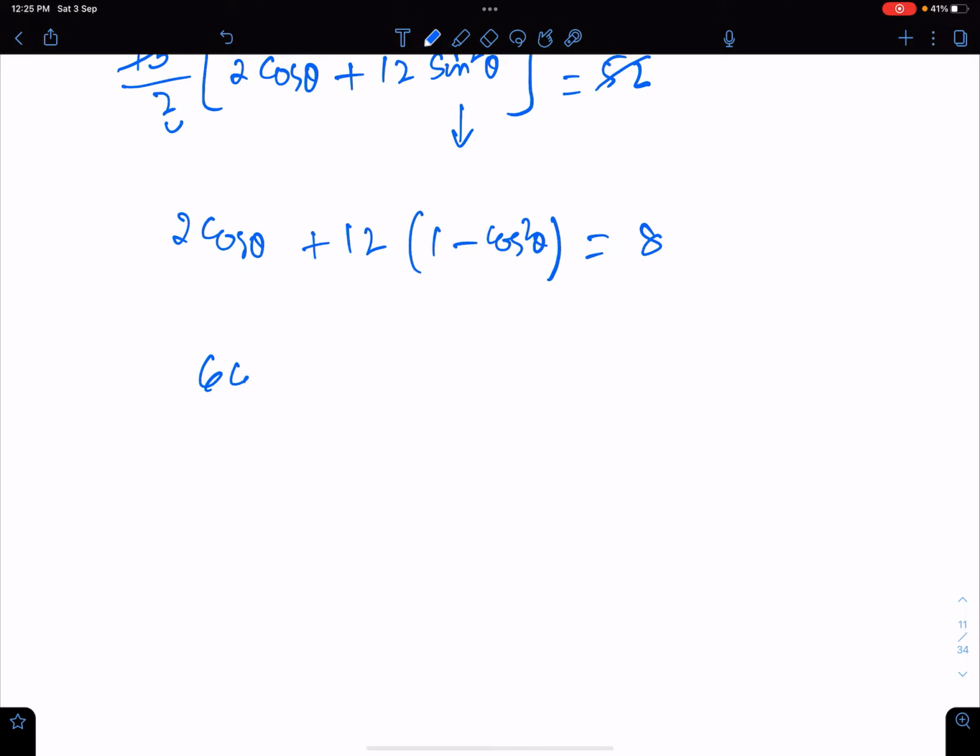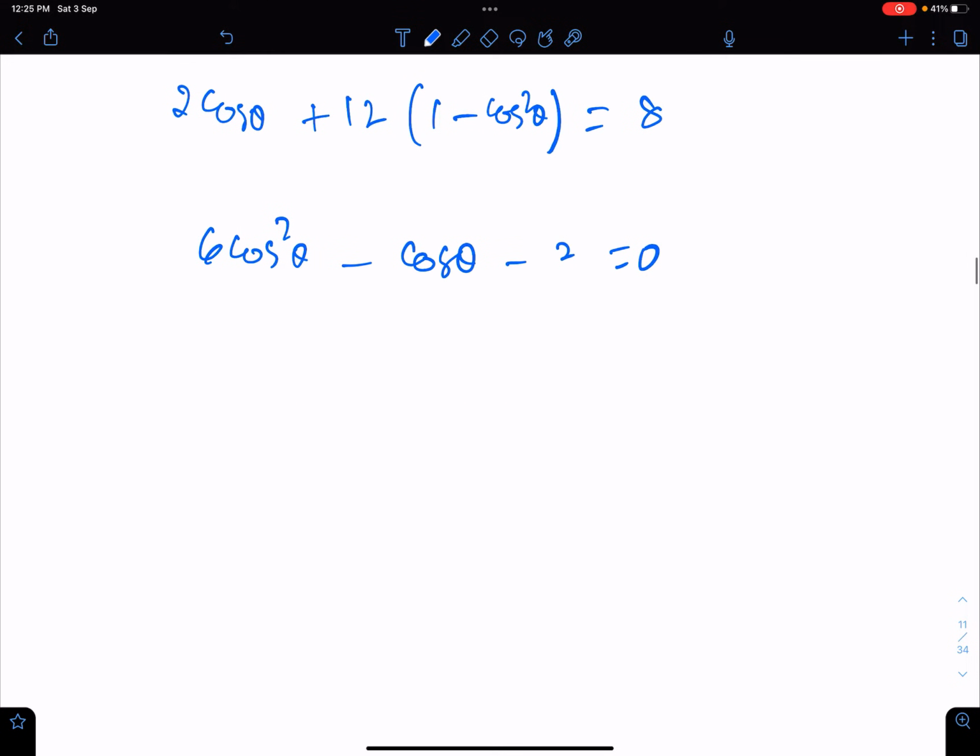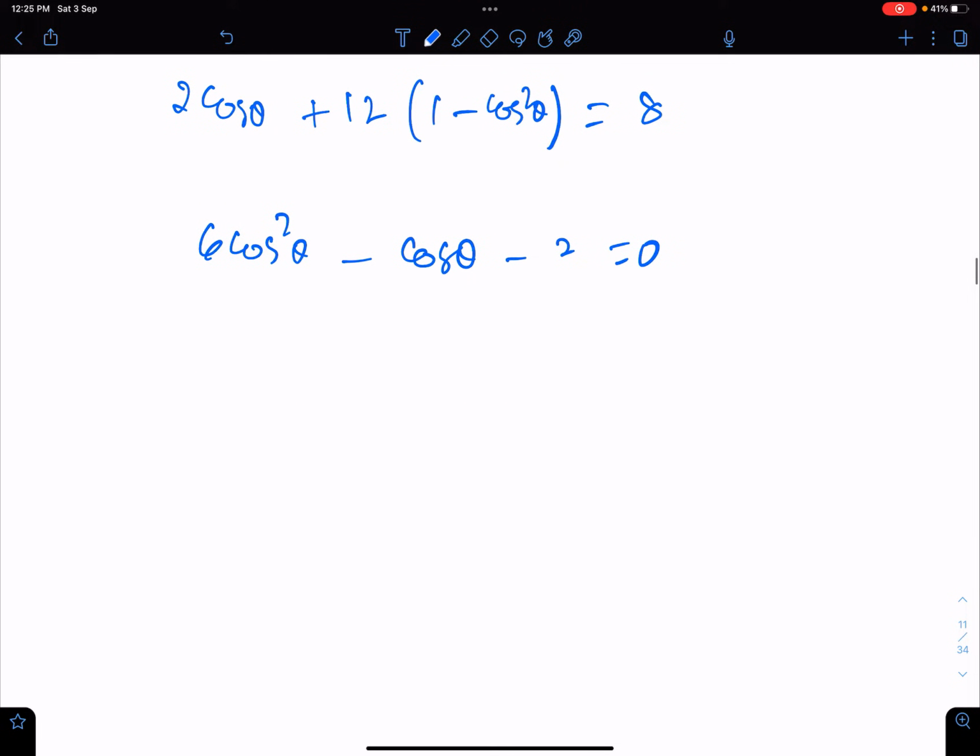So the simplified form of this equation is 6 cos square theta minus cos theta minus 2. When you break the middle term, you will get these two values of cos theta. Make sure you mention the breaking of the middle term.